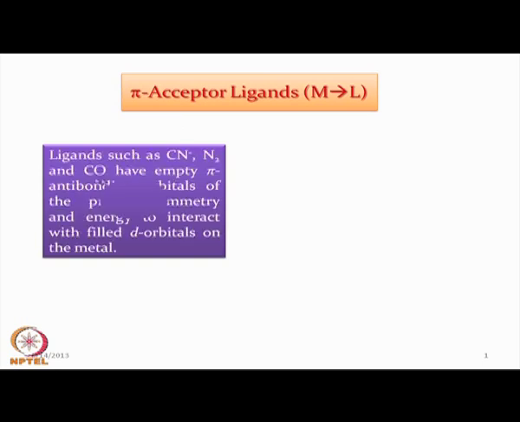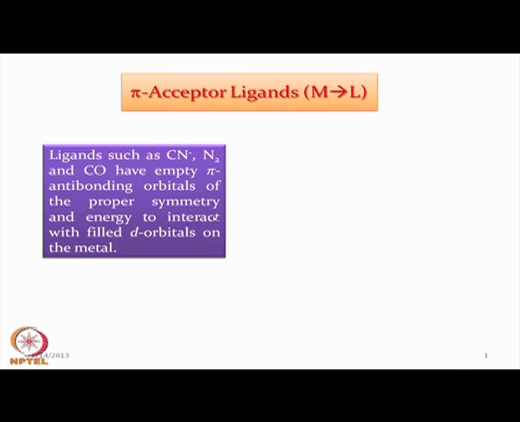Such ligands as CN minus, dinitrogen and carbon monoxide have empty pi antibonding orbitals, that means pi star orbitals are available of proper symmetry and energy. When we draw the molecular orbital diagram, we see that if they are energetically matched, then only do we have good electronic charge transfer from one level to the other.